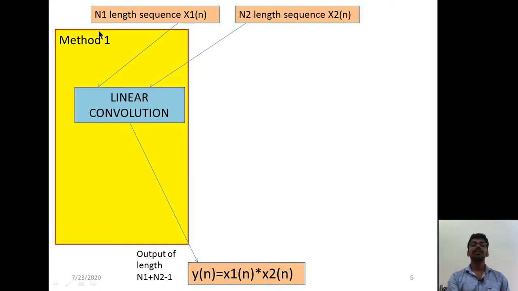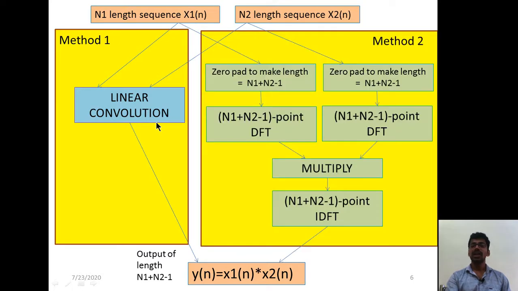Instead of doing this in a time domain method, we can use another method called the DFT IDFT method, where in the frequency domain we actually perform the circular convolution of the two sequences. We initially make their lengths equal to N1 plus N2 minus 1 by zero padding. Then we compute the DFTs, multiply those DFTs, and compute the IDFT of size N1 plus N2 minus 1, which will result in the linear convolution result.